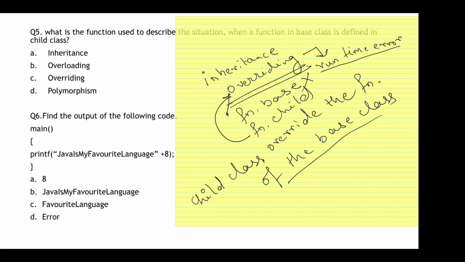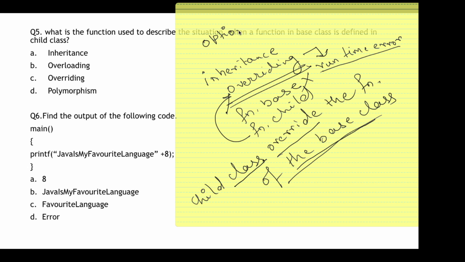So whenever you have defined a function in the child class which has the same function in the base class, that is known as function overriding. So here the answer is option C. It is happening in inheritance, but this situation is known as overriding.